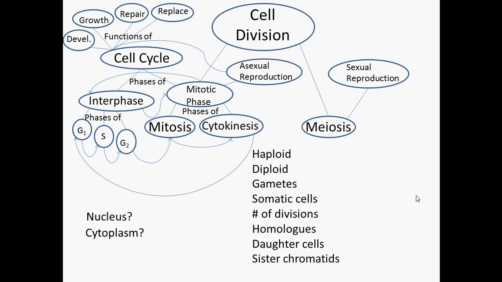Secondly, try to list each of the terms only once, but then use connecting lines to reach all of the other ideas that have relationships with that idea. Sometimes we will have circled topics in between, as we do with cell division that's in between the mitotic phase and meiosis, but no one is stranded here on our page.